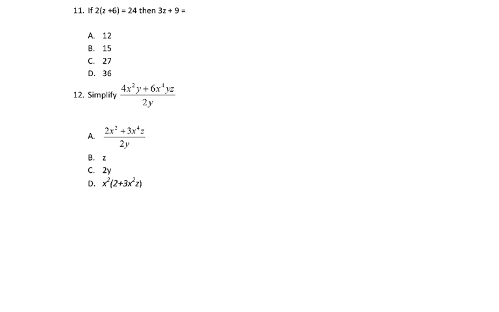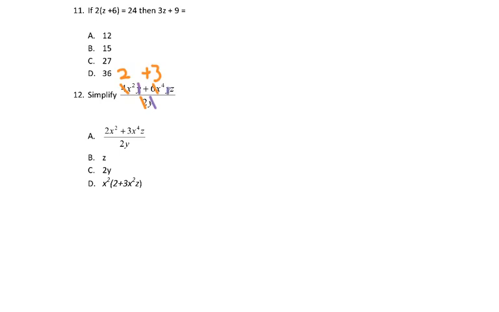Let's go to number 12. Simplify. So for this fraction, we have a common factor. That's 2. So every term divided by 2, I got the 2 here. This one is a 3. Then you divide it by y. Then this is gone.